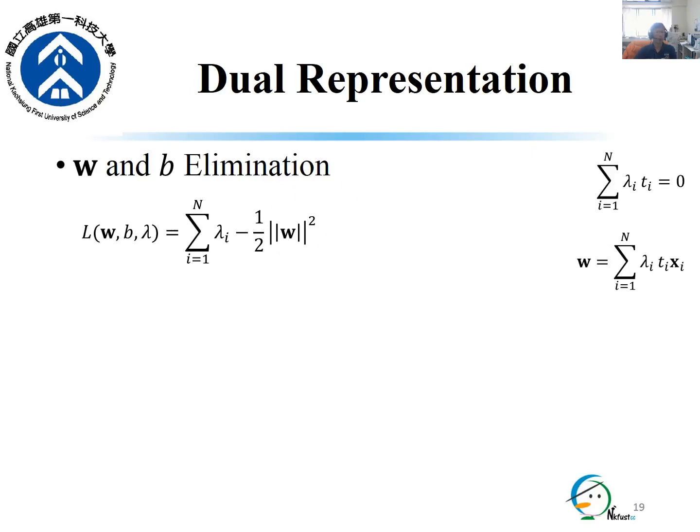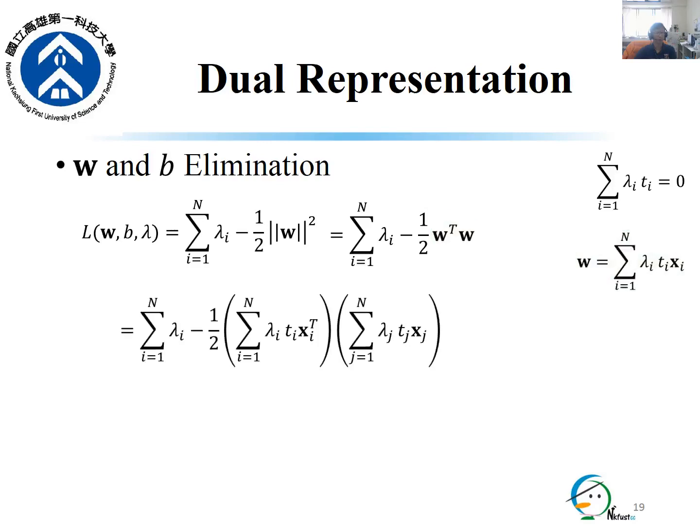Since the W norm square is equal to W transpose times W, we have this equation. Then, substituting W by sum of lambda I TIXI over I, we have the following equation.